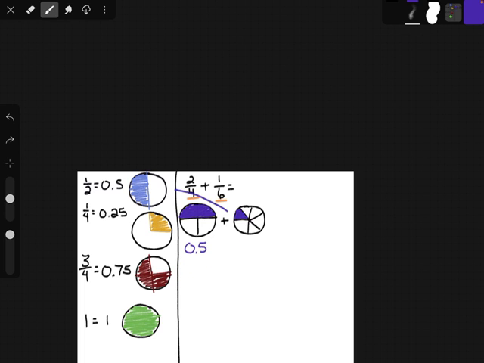How about 0.5? I would say 0.5 is still bigger than this tiny slice right here. All of these are too big. But what about 0.25? Which one's bigger, 0.25 or the pie that represents 1/6?